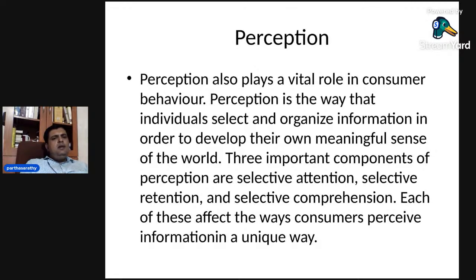No. We selectively place attention on specific things that interest us. For example, a loud noise on a road may attract my attention. A bright color may attract my attention. A light color may not attract my attention. This is very much human nature.